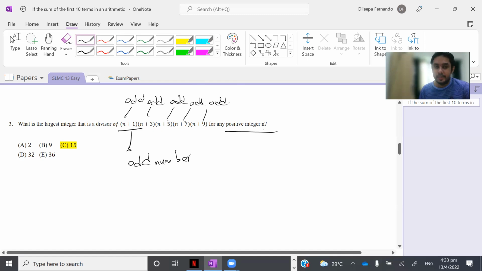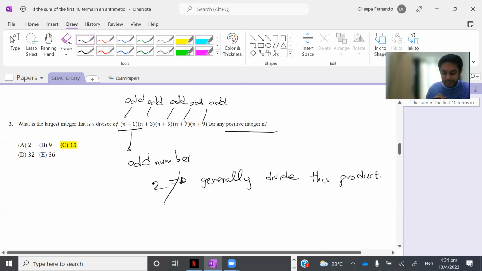What does that mean? That means 2 is not a divisor. That means 2 does not generally divide this product.